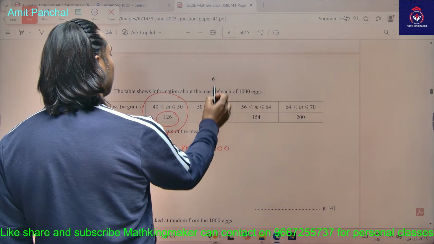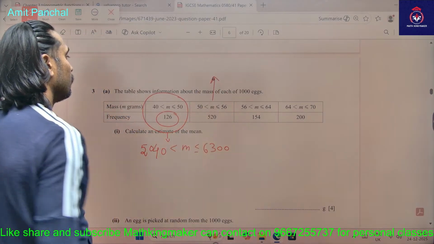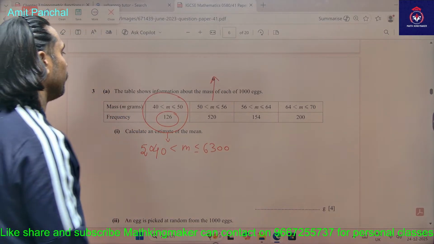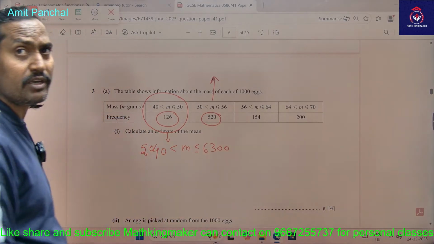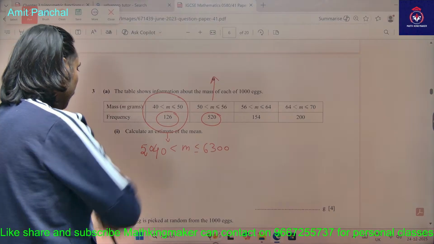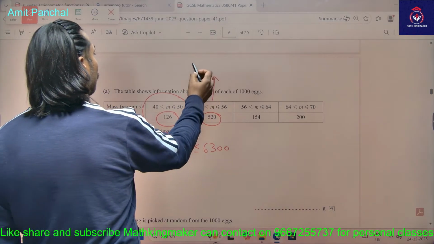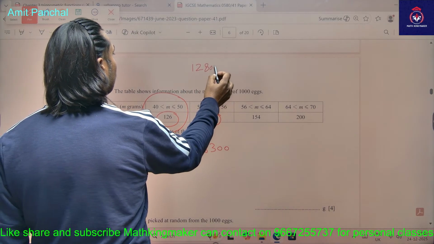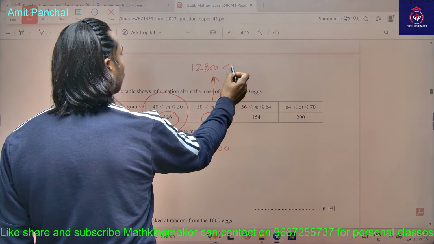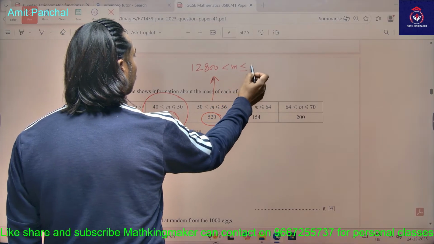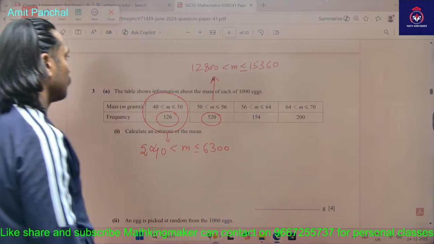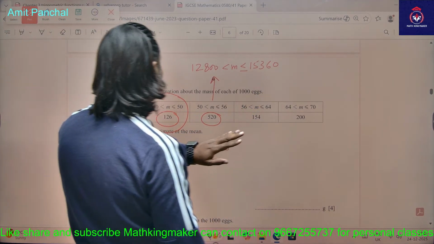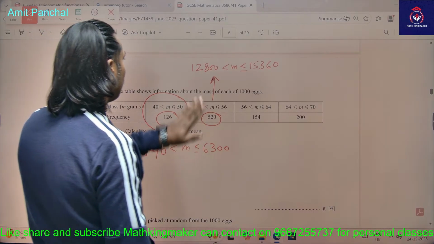Similarly, you will multiply this mass 50 to 56. If you multiply it by 520, how much will it give you? 12,800, then 15,360. Wait, no, that's 60, not 56. Sorry, 14,336. My mistake.